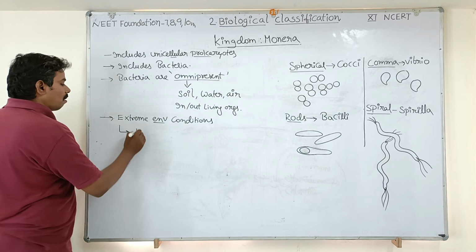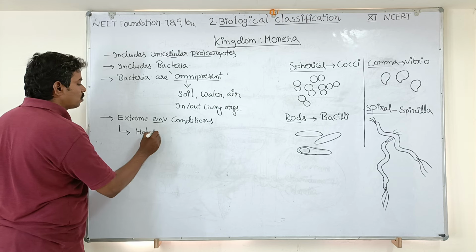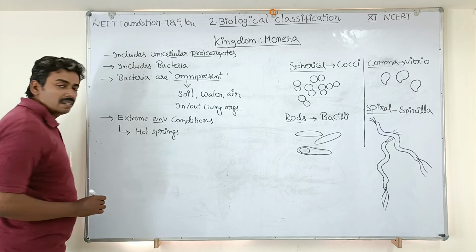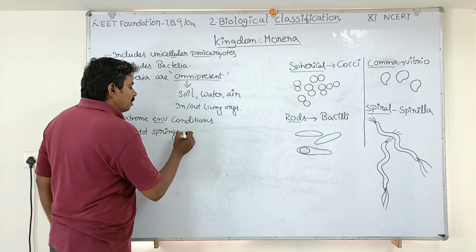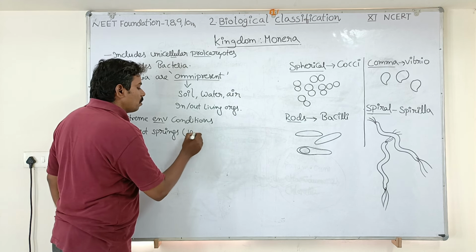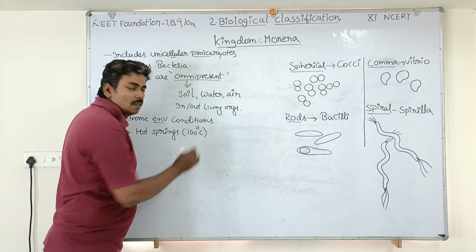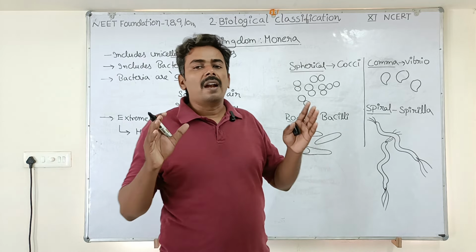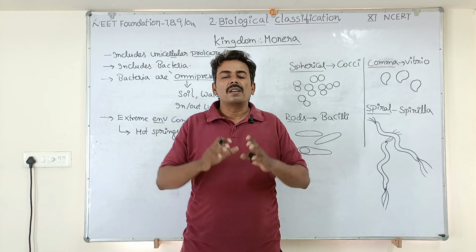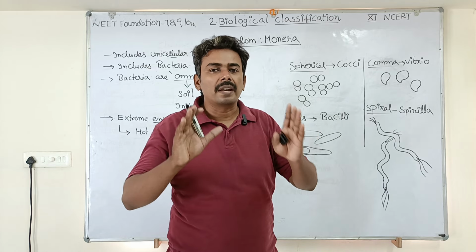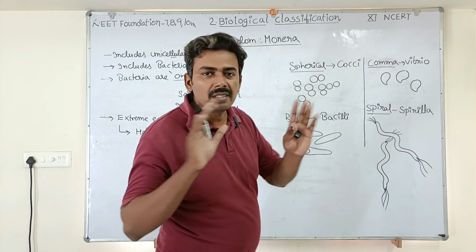Like hot springs. I told you about hot springs in the very first class on the living world. In hot springs there will be boiling water at about 100 degrees centigrade. At that boiling temperature, no other organism can survive, except some rare kinds of bacteria.